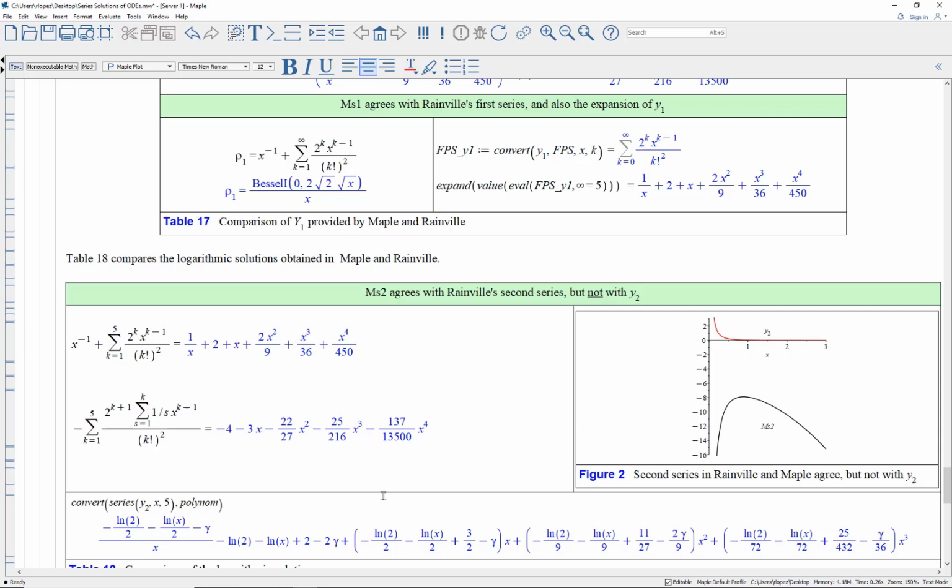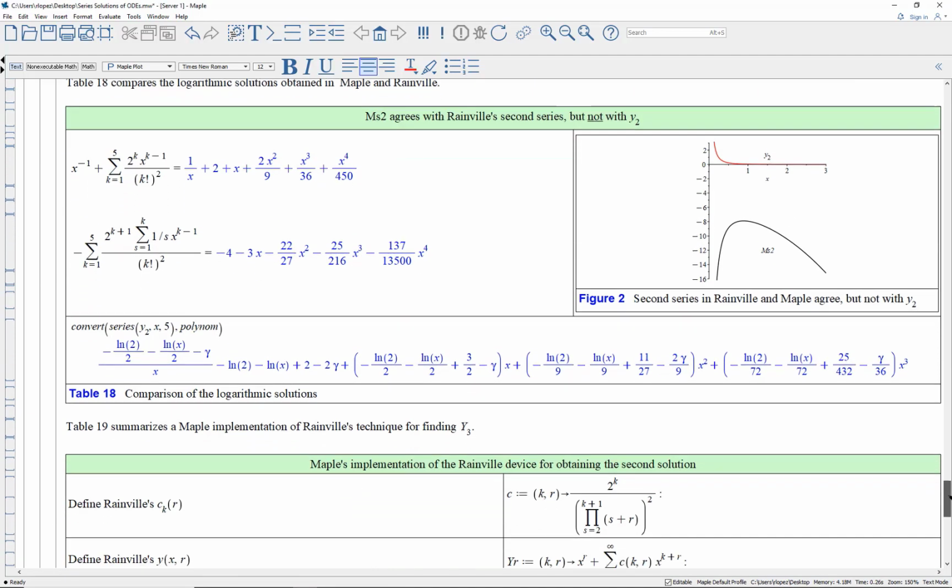Then I realized, wait a minute, this thing here, this is the psi function. Psi function minus the log of k in the limit becomes gamma. And when I converted this exact solution to a truncated series, and I saw the gamma, then I realized what's happening. That accounts for the difference between these two graphs. So I was okay with that.